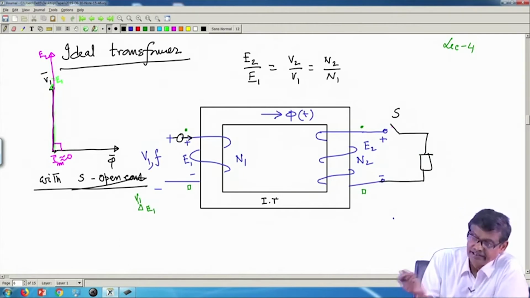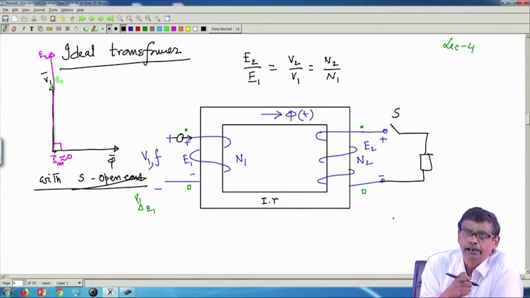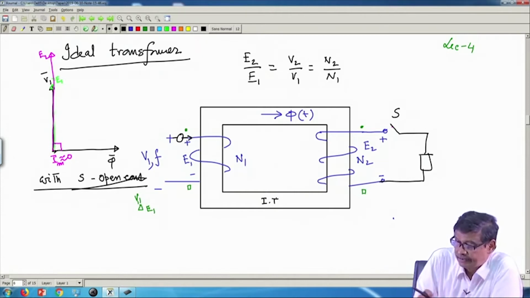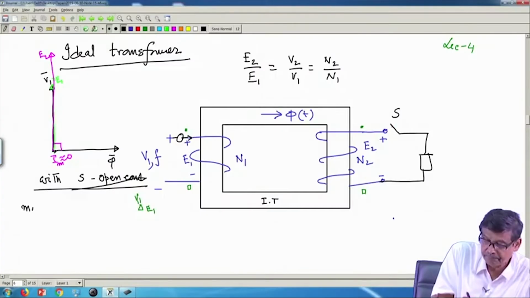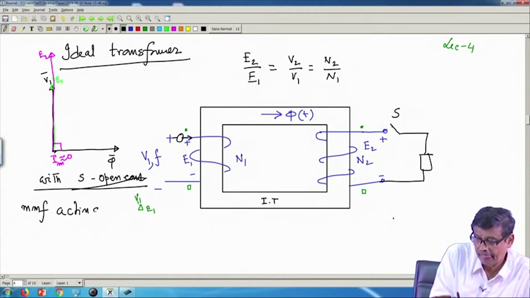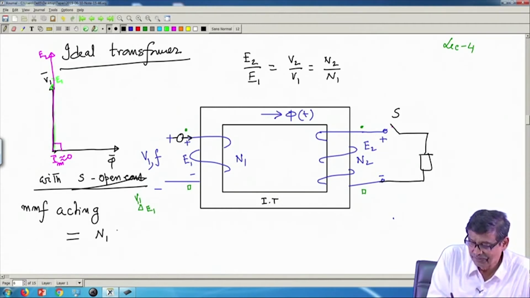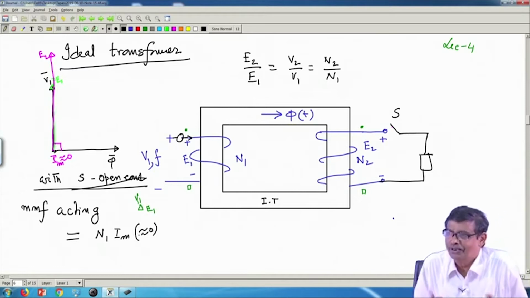Achha, when S is open, it is a magnetic circuit, single coil, and the MMF acting in this magnetic circuit with S opened is equal to N1 into this Im, magnetizing current, which is very close to 0, no doubt.